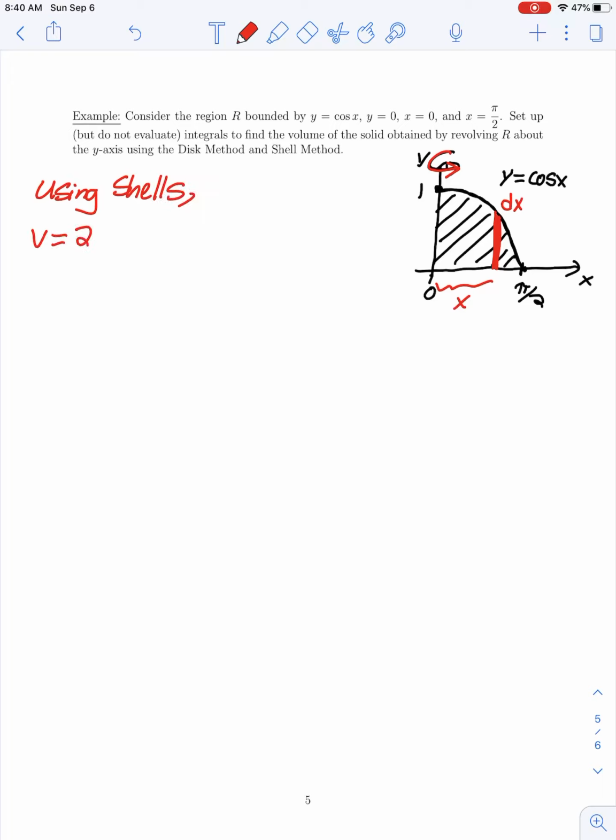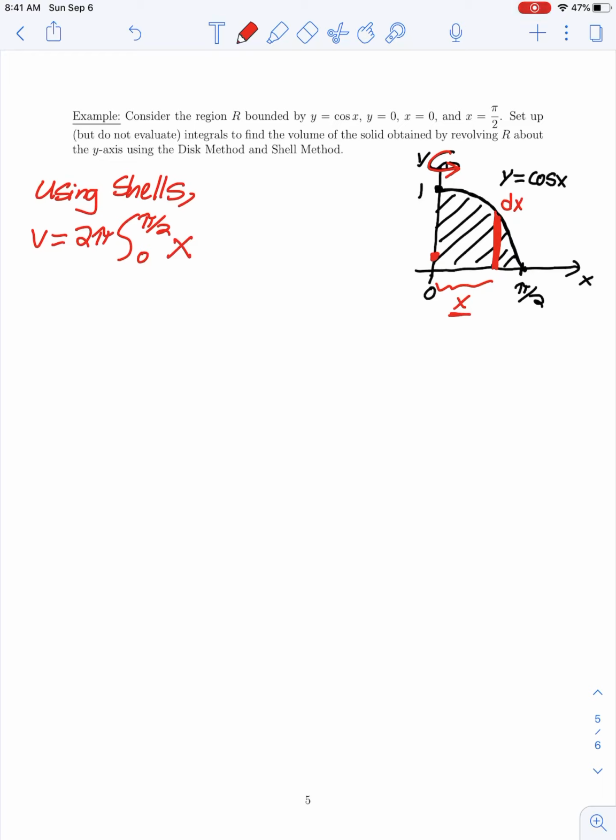the volume of our solid would be found by integrating 2 pi along the x-axis from 0 to pi over 2 of the radius of our cylinder, so the distance here from our axis of revolution, the y-axis, out to our strip, is exactly what we were calling x.